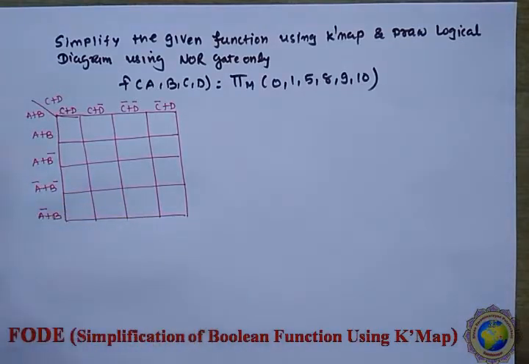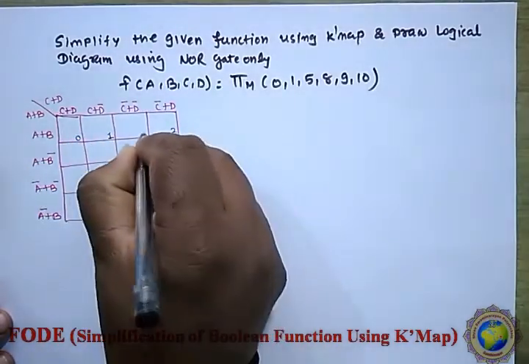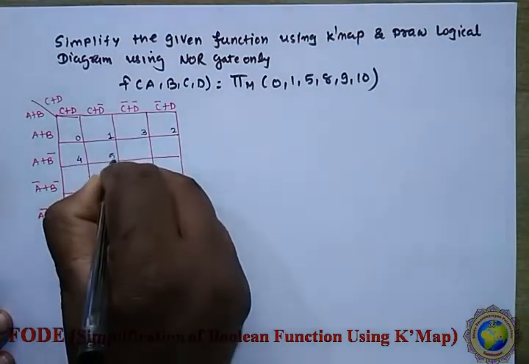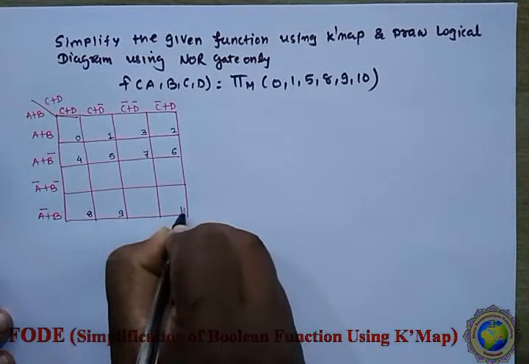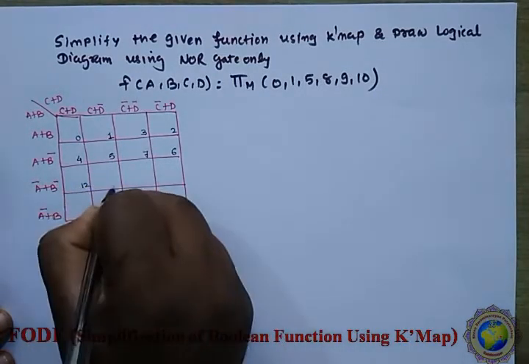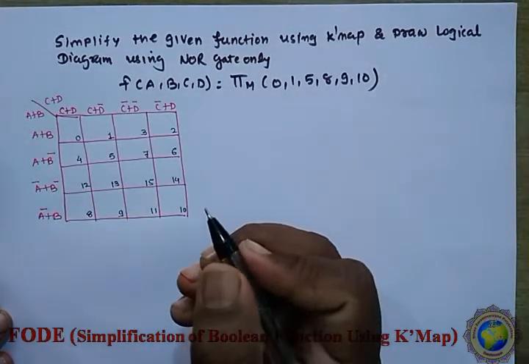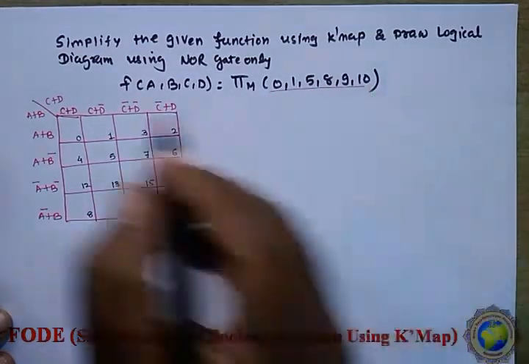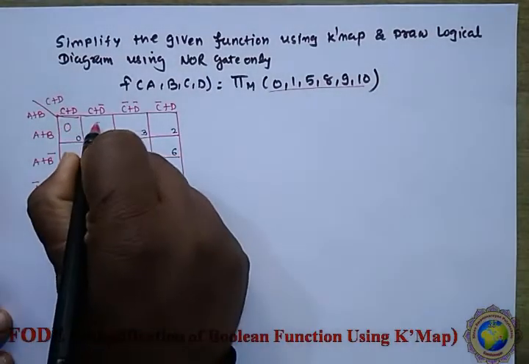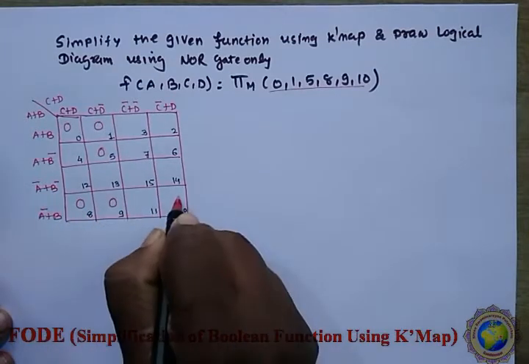Now give the cell numbers: 0 1 2 3 4 5 6 7 8 9 10 11 12 13 14 15. Now put the 0 in the given cell numbers, so 0, 1, 5, 8, 9, 10.